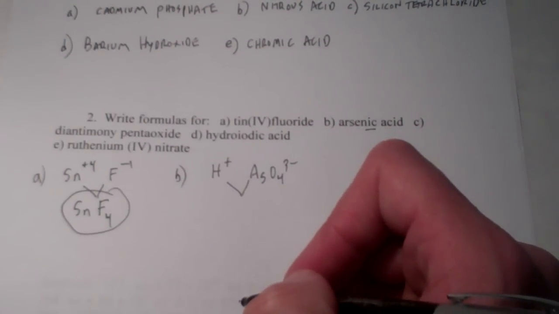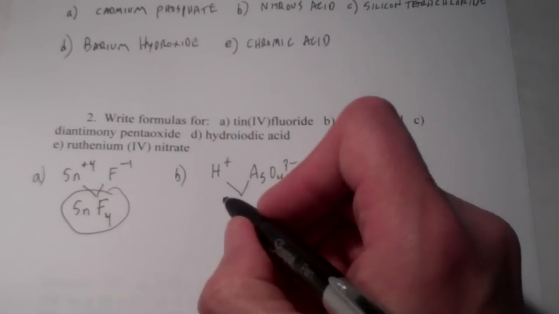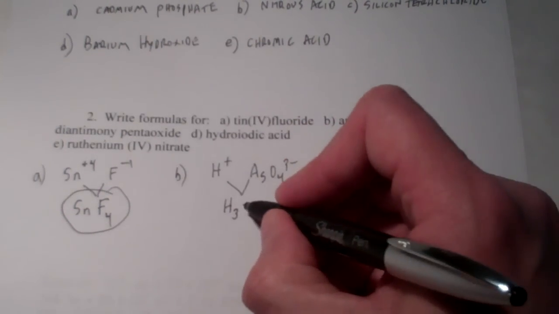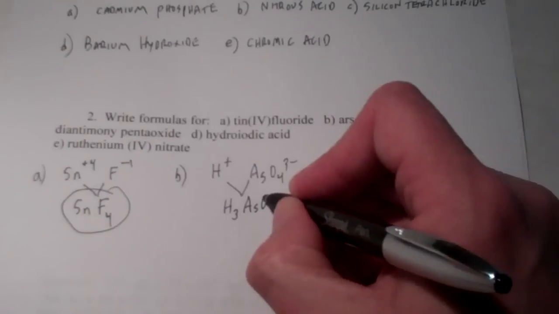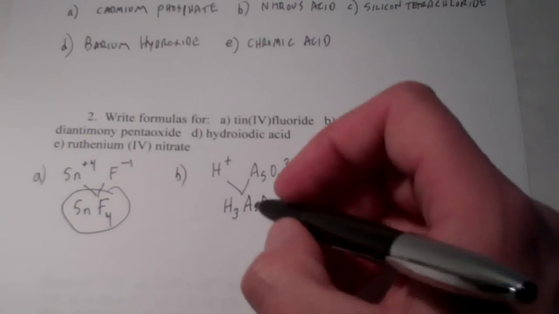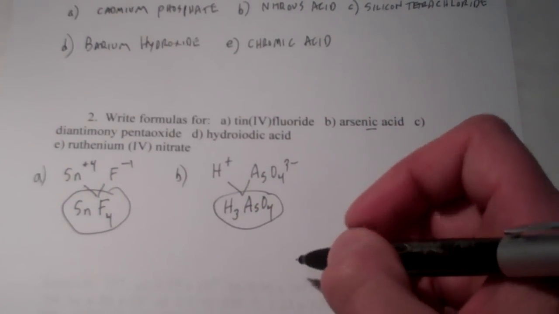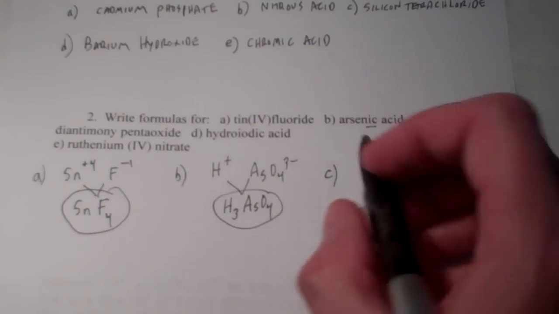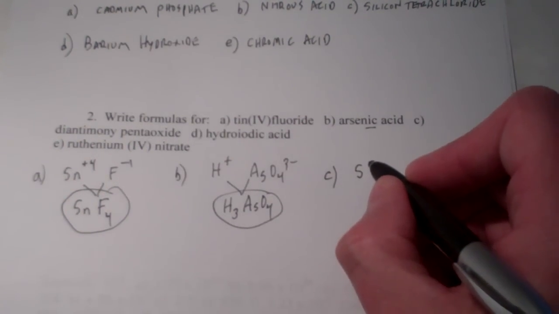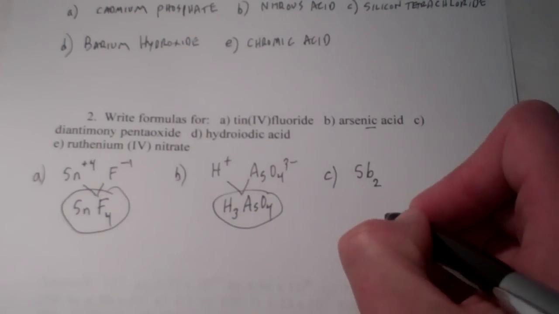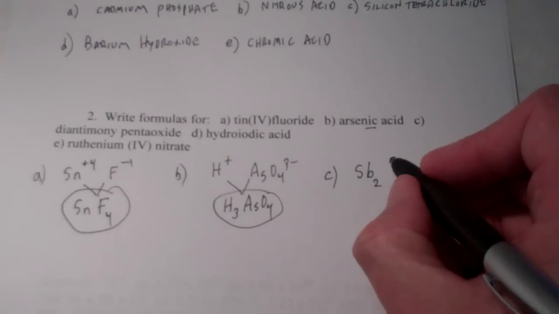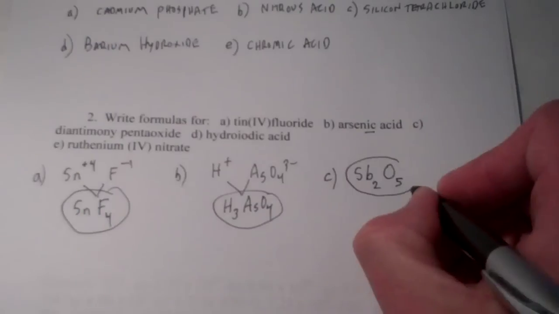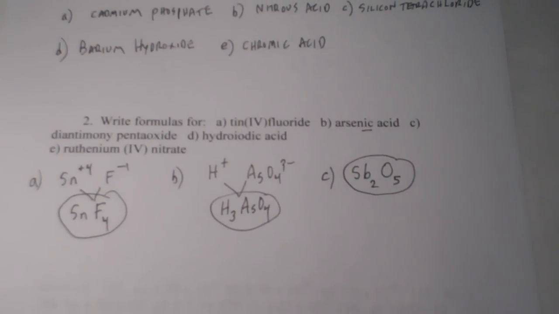So to bring these together so that the sum of their charge is 0, I need 3 H's. So H with a subscript 3, followed by AsO4. Only one of those is needed. Letter C, diantimony pentaoxide. Di means 2, so we have 2 antimonies. Penta means 5, so oxide is O with the subscript 5. So Sb2O5 for letter C.